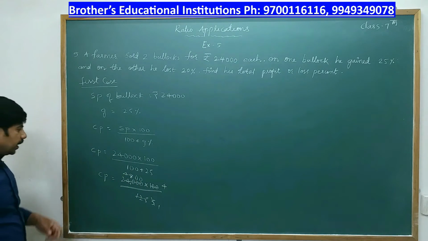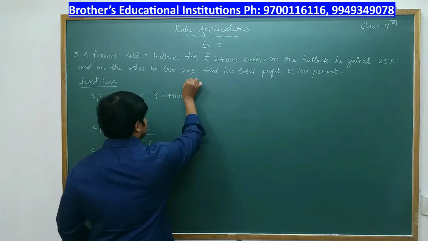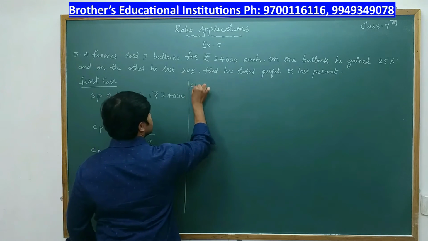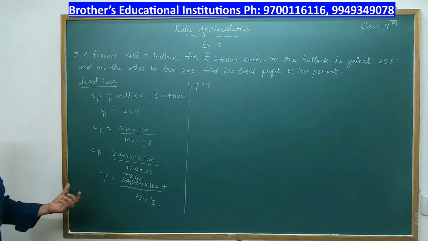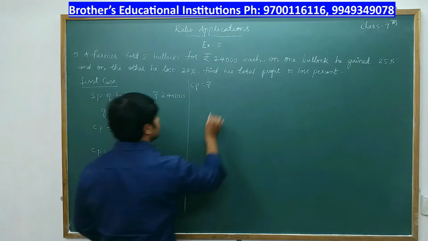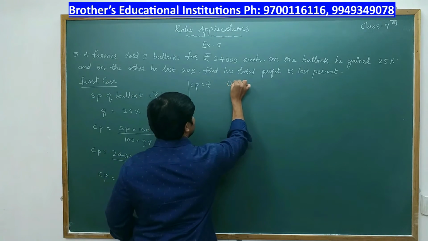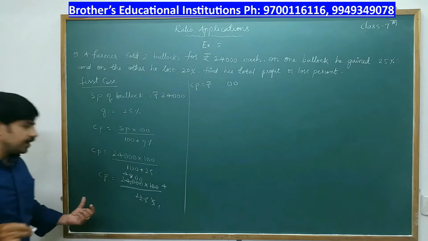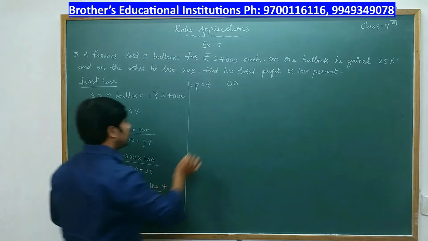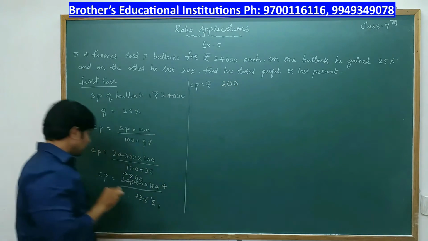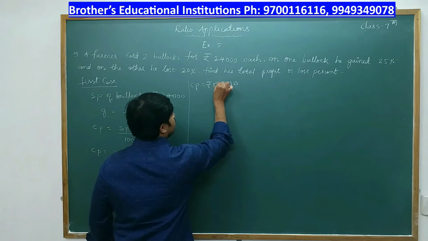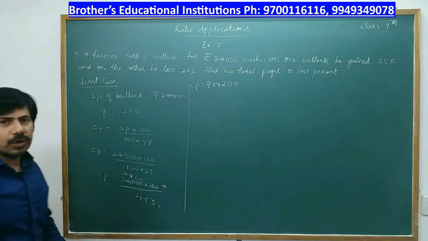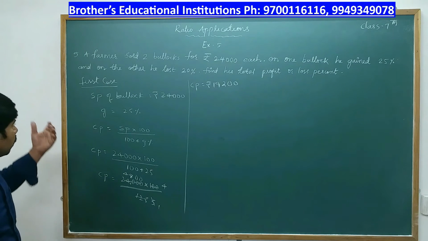So now we are getting cost price of first bullock. What is the CP of first bullock? It is 4,800 into 4. 4 8s are 32, 4 4s are 16, 16 plus 3 is 19. It is 19,200 is the cost price of first bullock.